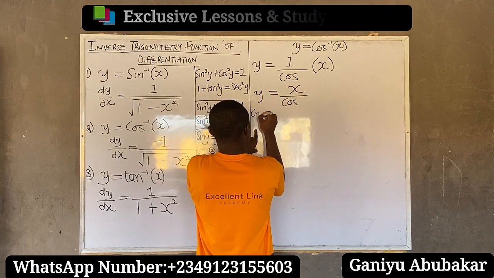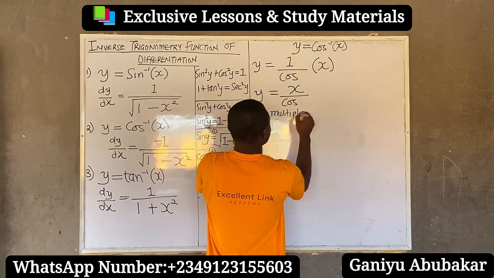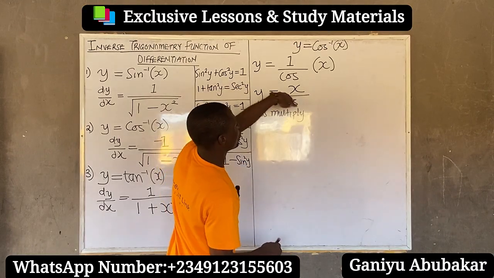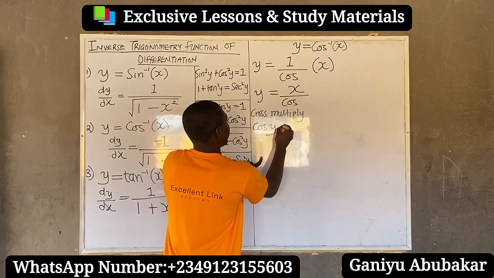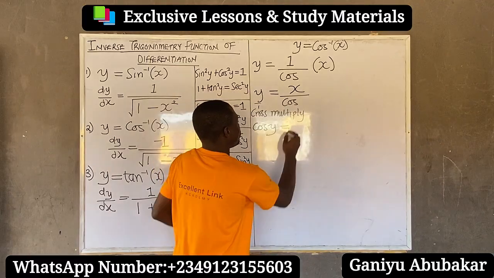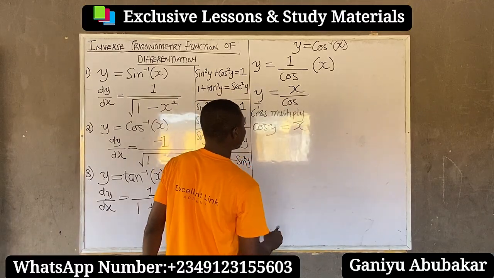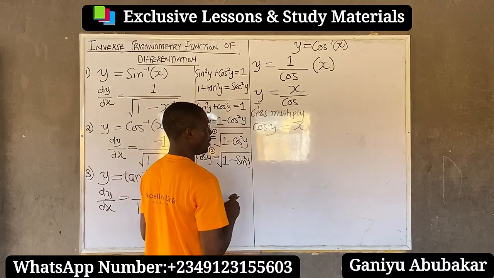Cross multiply. That gives you cos times y, which gives you cos y, equal to an invisible one here, so 1 times x gives you x. At this junction, I will differentiate this using the idea of implicit differentiation.